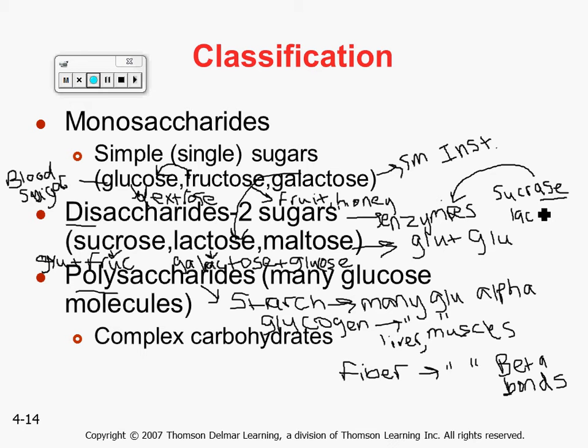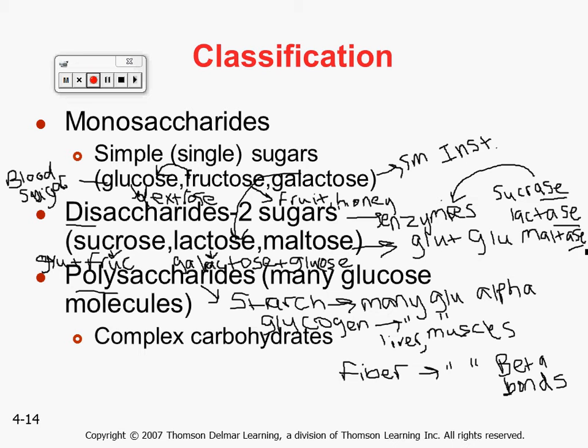What do you think lactase is going to break apart? Good. What's lactose going to be broken apart into? Glucose and galactose, good. All right, what about this guy? Maltase, you guys have it. That's all it is to it. What is maltose going to be broken down into to be absorbed? 2 glucose, yeah.